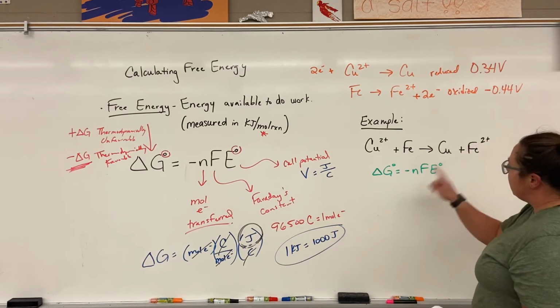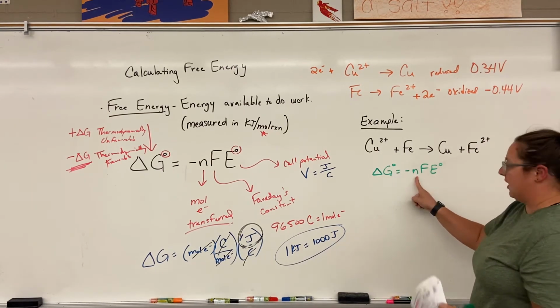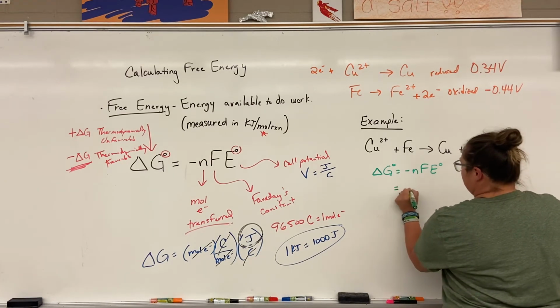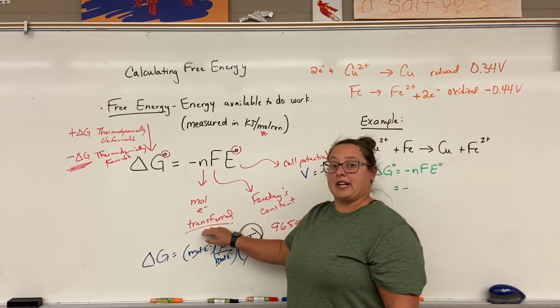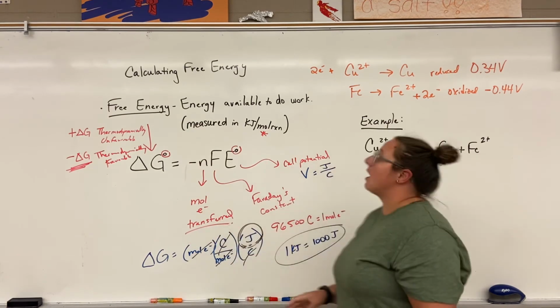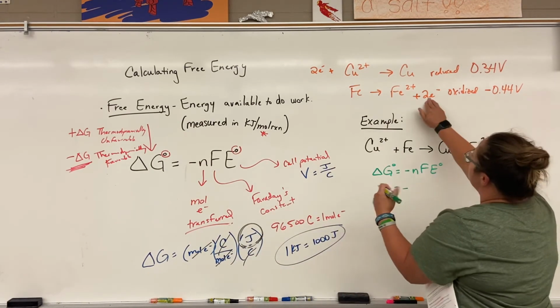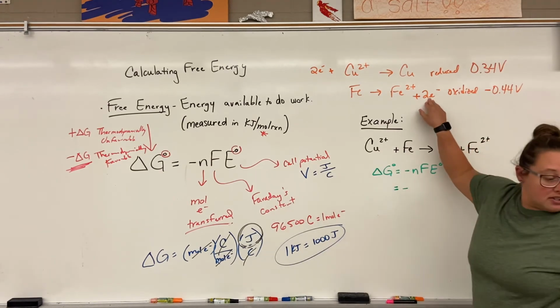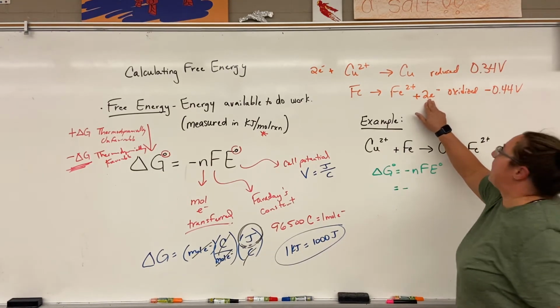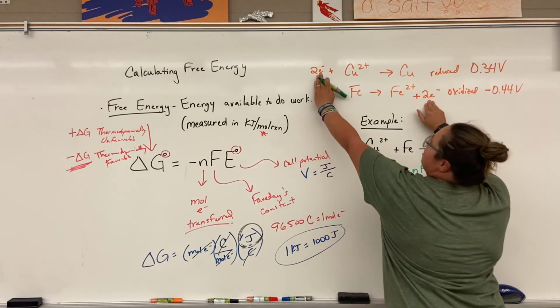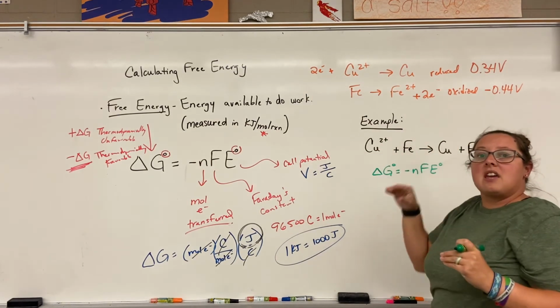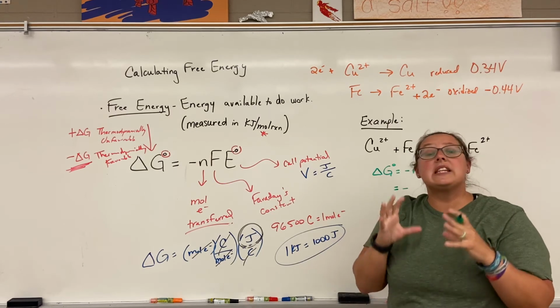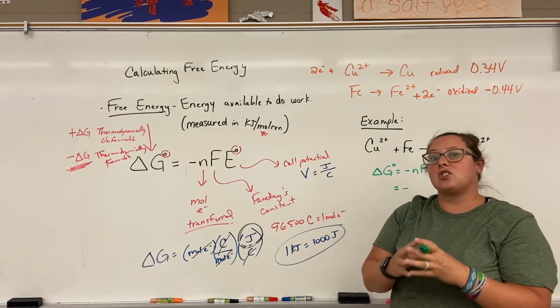So let's plug in n first, okay? Now remember, n stands for moles of electrons transferred. Where I get that number is I look at my half reactions, and that's why I wrote this down here. I look at this half reaction and this half reaction, and I ask myself, what is the least common multiple between the two?